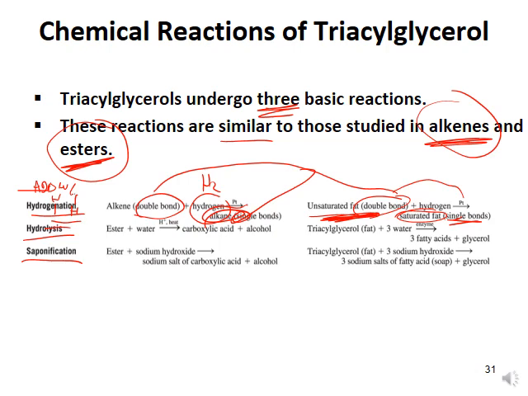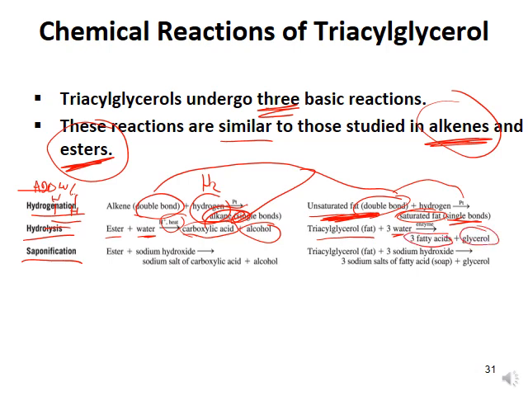Okay? Hydrolysis means cutting with water. So what do we have? We have an ester, and in the presence of acid and heat, we chop the ester apart and make the carboxylic acid and the alcohol. In the triacylglycerol, we need 3 waters, and we separate out the fatty acid part from the glycerol molecule.